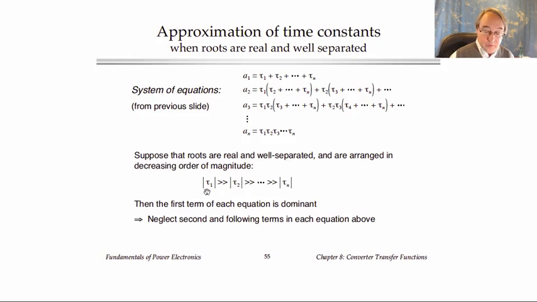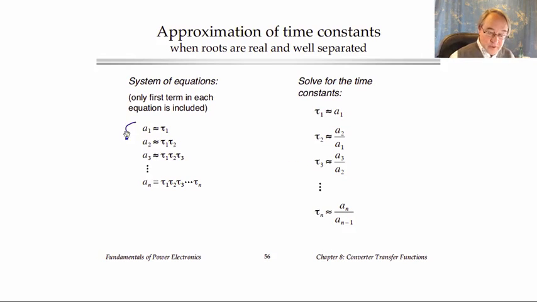Then in the case where the taus are written in this order, which means they're real and well separated in value, then we can take the largest or the first term in each of these expressions, so that we're left with this system of equations. And this system is in fact easy to solve. Tau1 is a1.